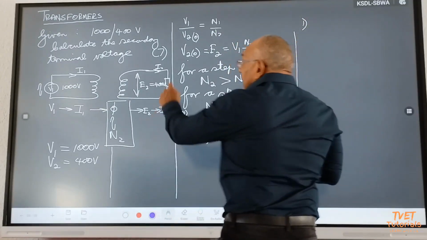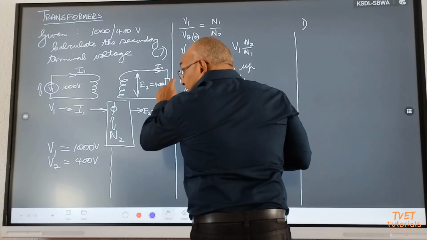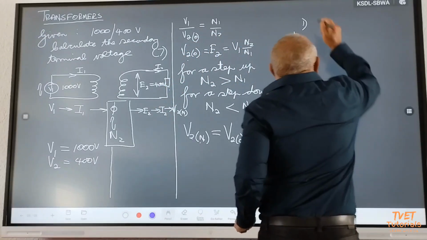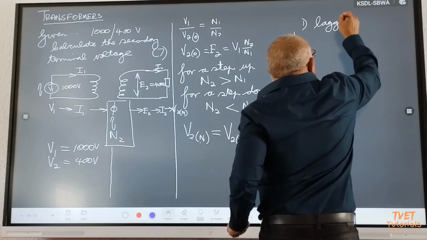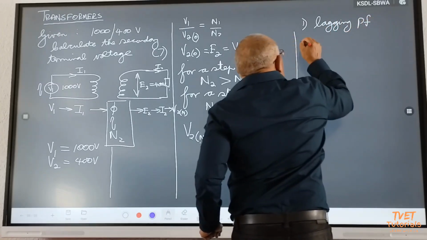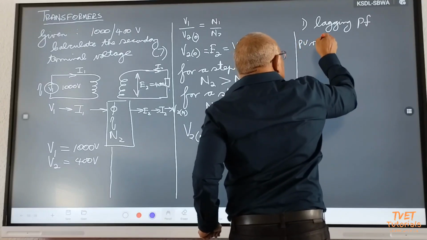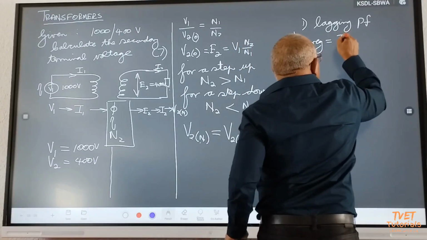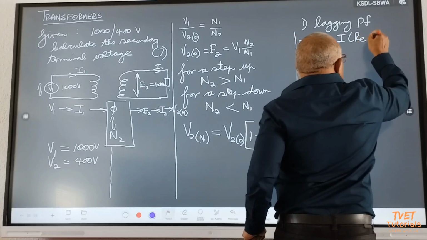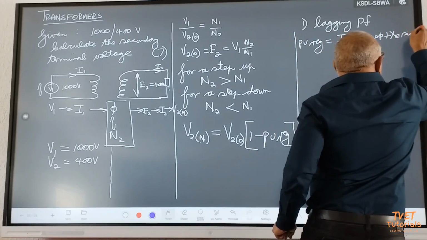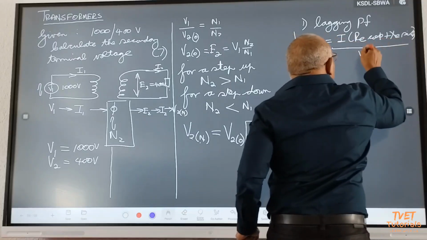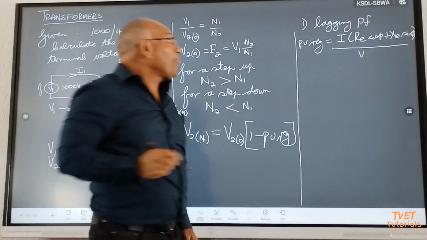One, if the load that is being supplied by the transformer is working at a lagging power factor, then the per unit regulation equals, give me the formula. V2 new. Is this correct? Right? Divided by, that if it's a lagging power factor. Yes, yes.